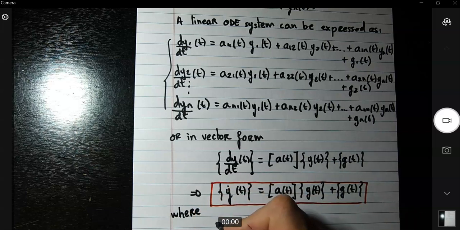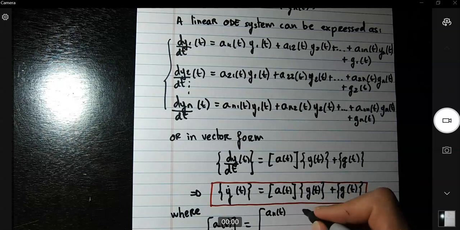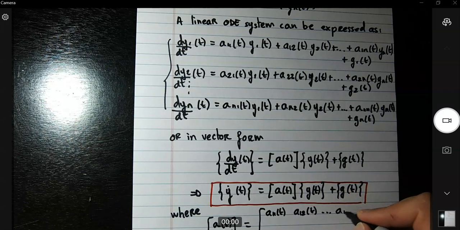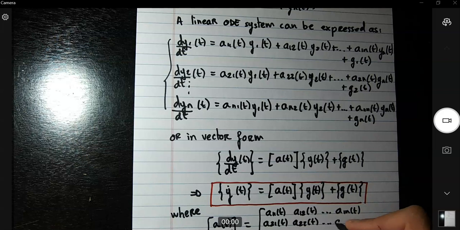Here A of t will be equal to A11 of t, A12 of t, up to A1n of t, A21 of t, A22 of t, up to A2n of t.